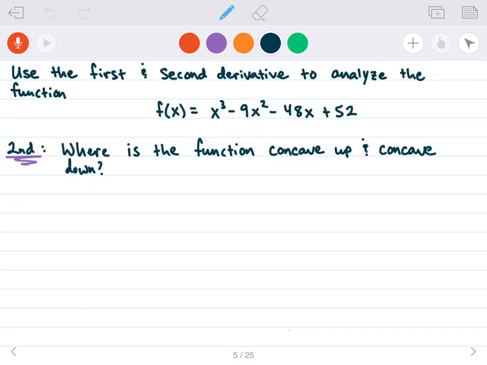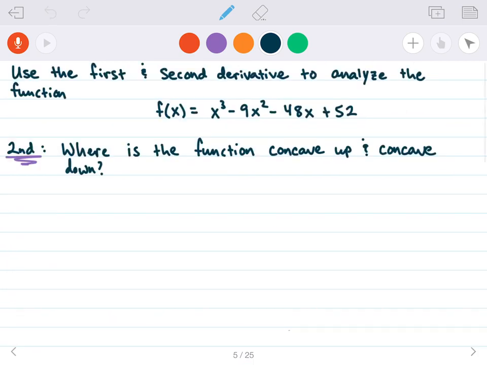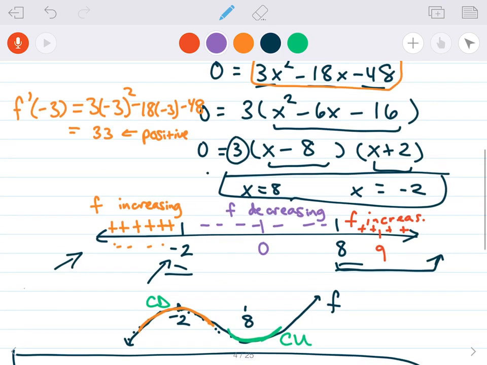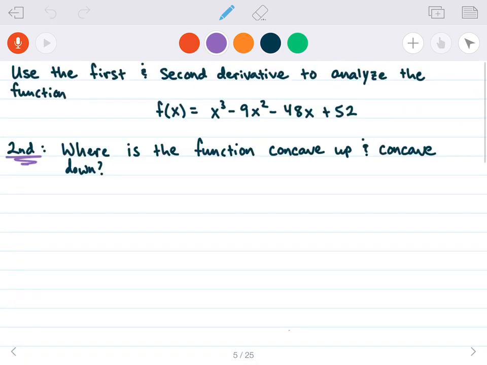Okay, so that was the first derivative business. Now we're going to use the second derivative to see where it's concave up and concave down, even though we kind of saw that here. We already took the first derivative. It was 3x squared minus 18x minus 48.